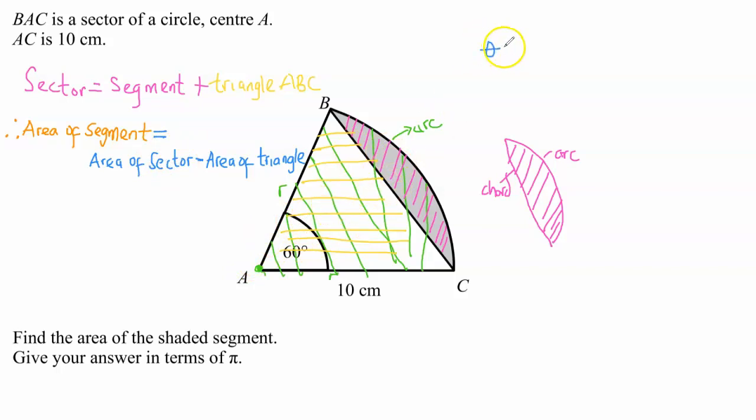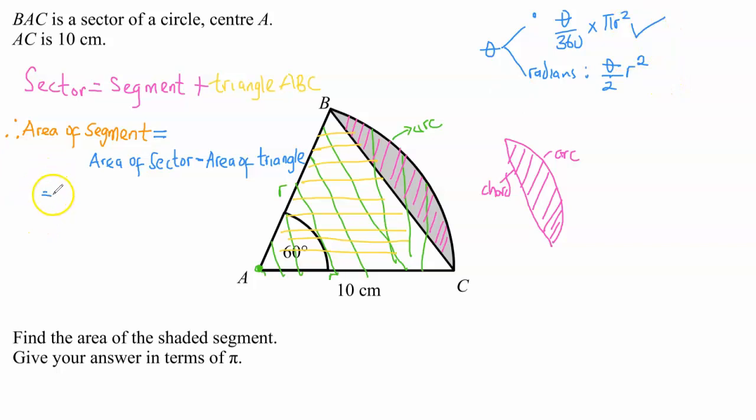If the angle is in degrees, the area of a sector is theta over 360 times pi r squared. But if the angle is in radians, the area of the sector is theta over 2 r squared. So we can see here that the angle is in degrees, 60 degrees. So we are going to go with the first one.